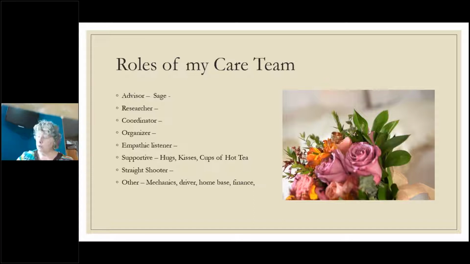So, different roles of our care team. Not everyone in our relationships can do all of this. And if you do have someone in your life that can do all of this, well, good for you. Many people look towards an advocate and a team member to help advise, to be that person with wisdom.